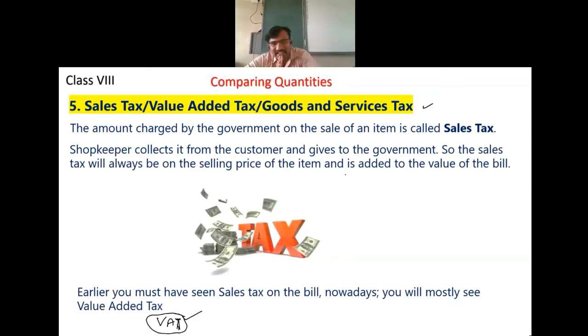How is the government giving money for that? Tax. Not only petrol, but GST on most of the items. Whatever tax is collected is used for other purposes.